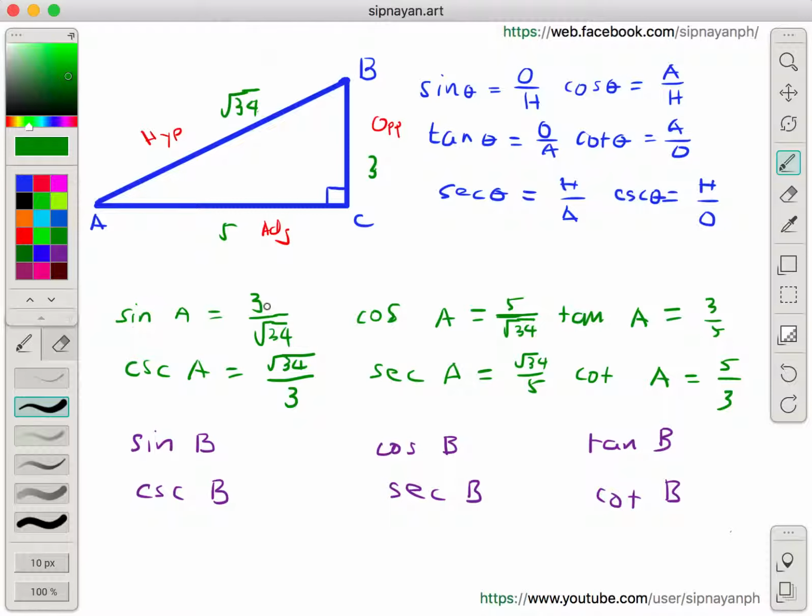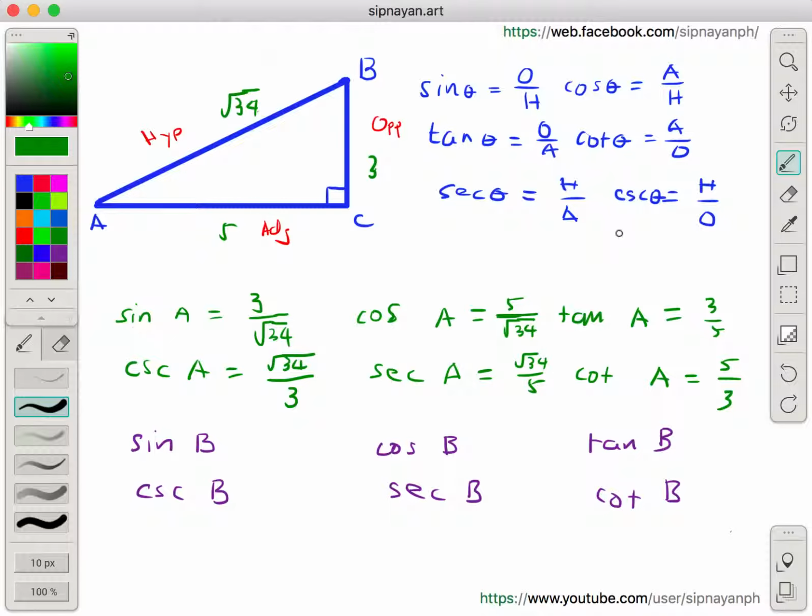Mapapansin nyo, inverse or reciprocal yung numbers. This number is a reciprocal of this number, kasi inverses yung dalawang yan. Okay? Ito rin, secant is the inverse of cosine. Kita nyo reciprocal din yung ating value.